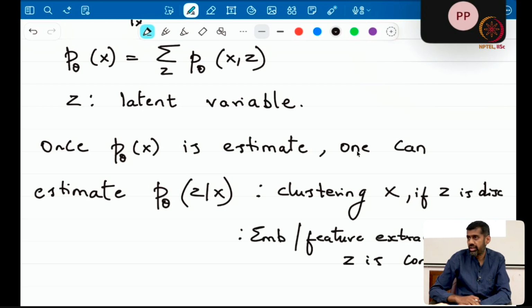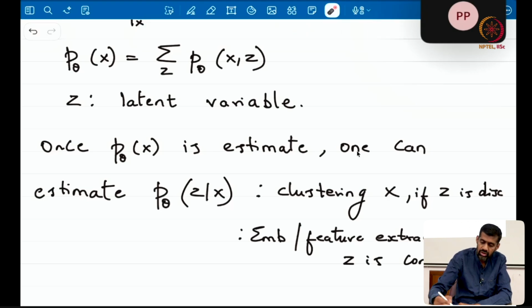If we estimate the underlying distribution well, then the posterior of the latent variable given data can be looked into as a way to cluster the data if z is discrete, and if z is continuous, then as some representation or feature extraction that you are doing from the data space.